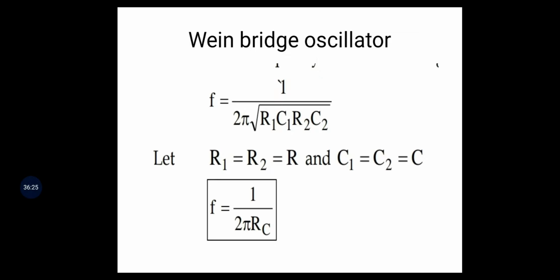If R1 equal to R2 equal to R and C1 equal to C2 equal to C, then the frequency of oscillations F equals 1 by 2 pi RC.